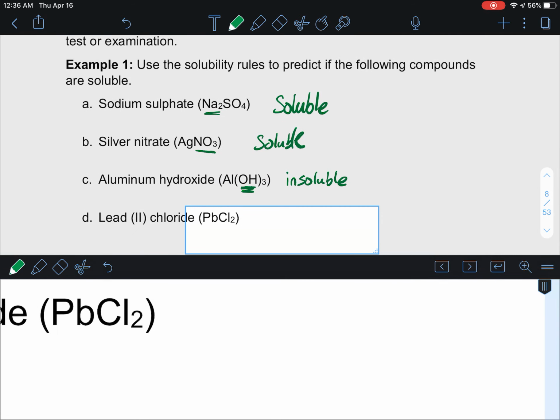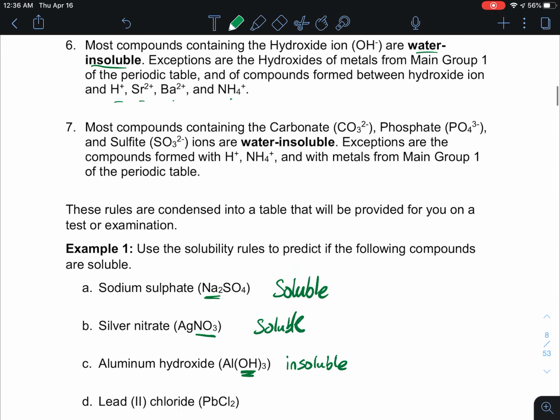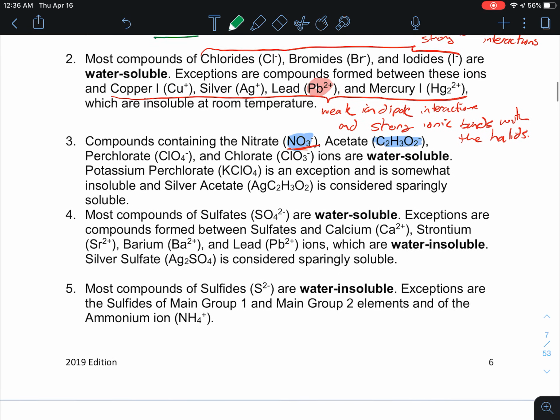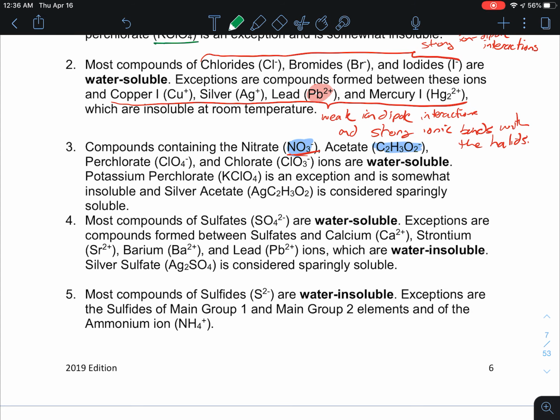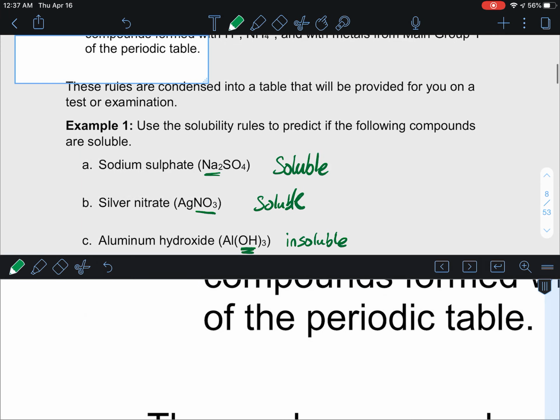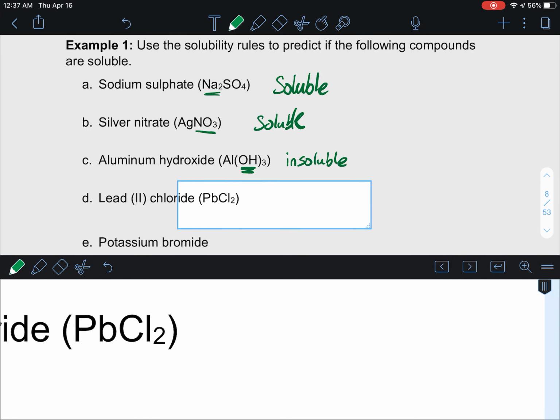Lead chloride, okay. Chlorine is generally soluble, but I better check that rule because lead is a pretty positive ion. And I see right here, there's my trick, that lead is one of the exceptions. So lead chloride is insoluble.